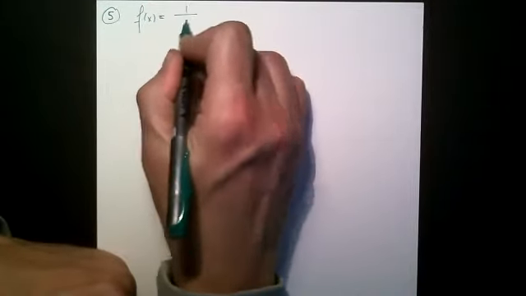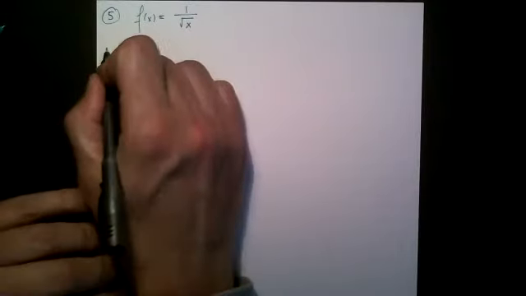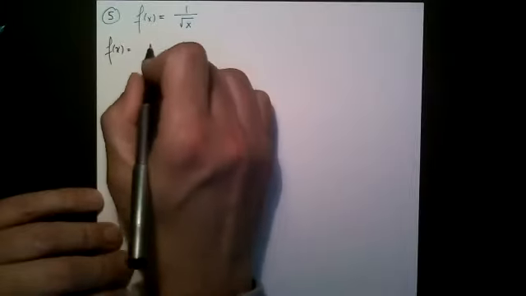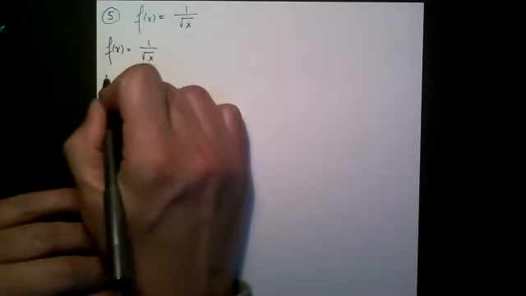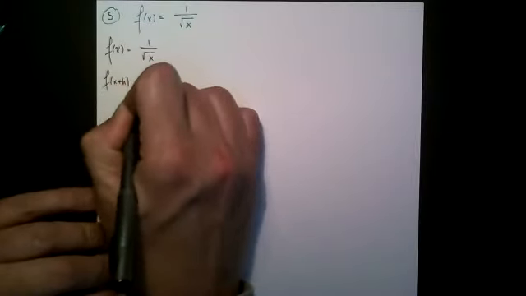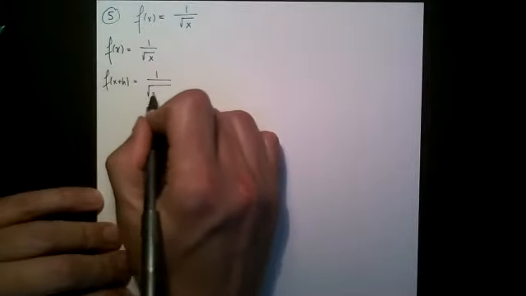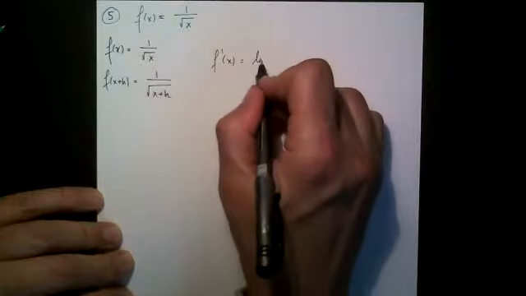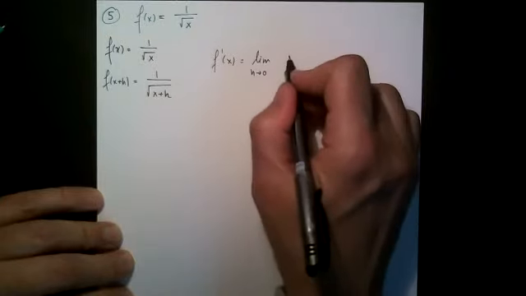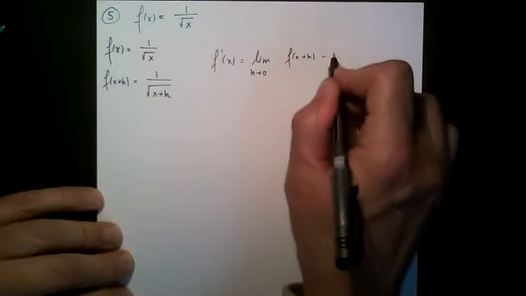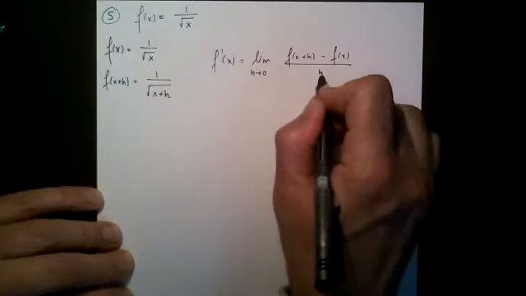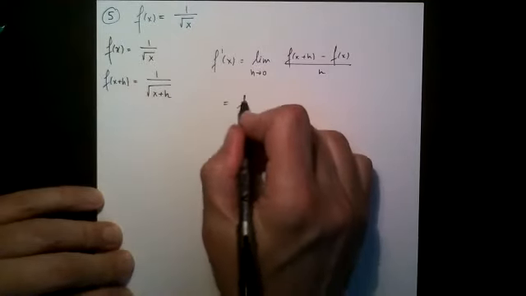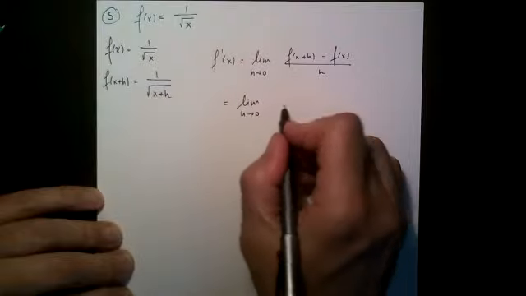f of x is equal to 1 over square root of x. f of x is 1 over root x. f of x plus h is 1 over the square root of x plus h. f prime of x, limit as h approaches 0, f of x plus h minus f of x over h equals the limit as h approaches 0.